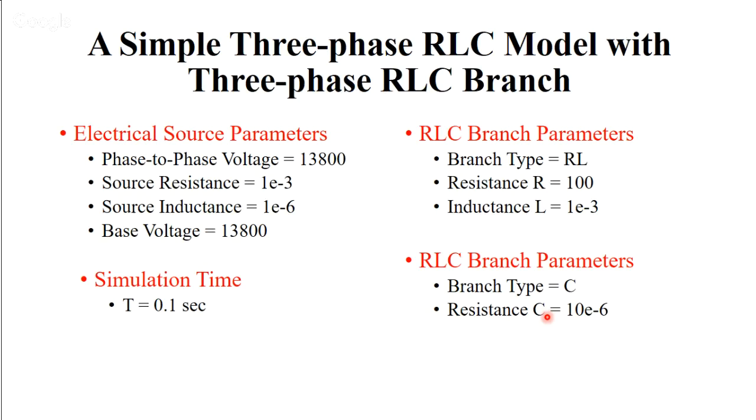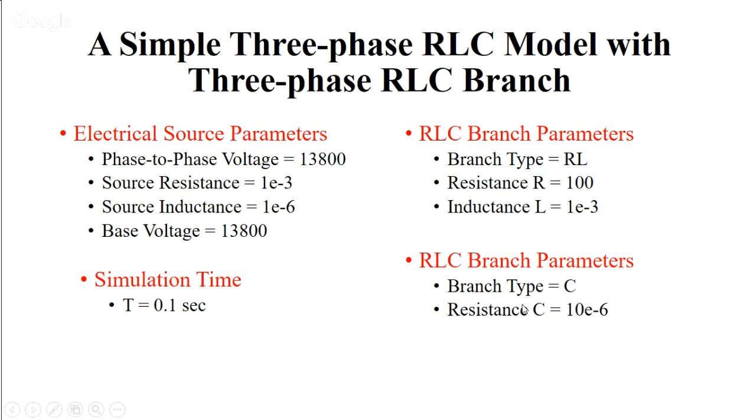Similarly, the source inductance is 1e-6, and the base voltage is again, these are the parameters that we have to feed in our model. And similarly, the simulation time is 0.1 seconds. The RLC branch parameters are: first the RL branch, what is the resistance and inductance, and then the capacitance branch parameter.